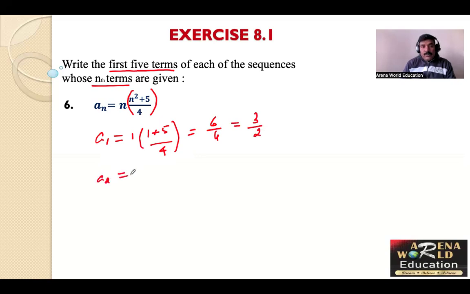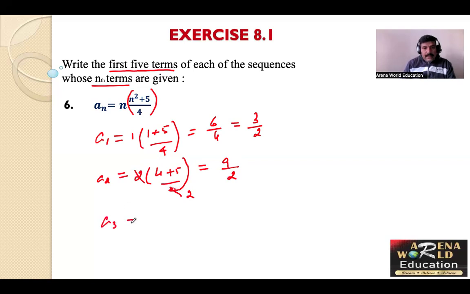So now A2 will be what? 2 into 2 to the 4 plus 5 divided by, yes, 4 as it is. So yes, what will be the answer? We can cancel out 2 here because it is in product, and it will be 9 upon 2, right?